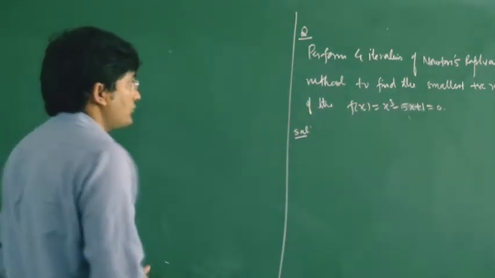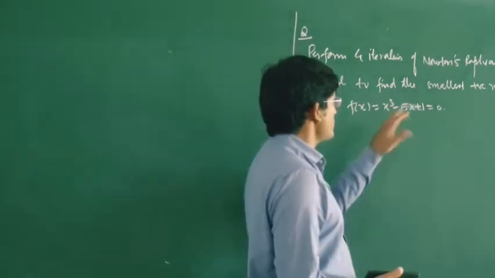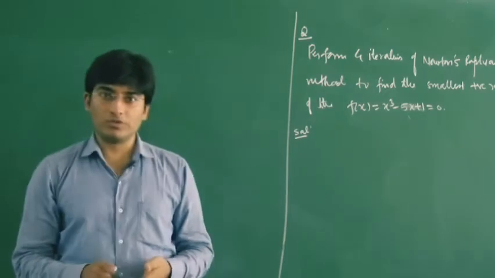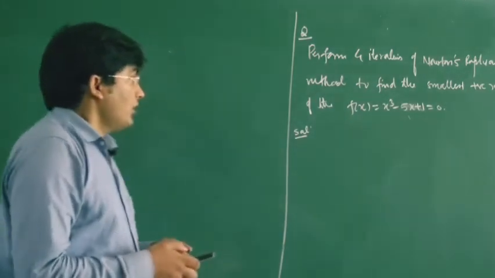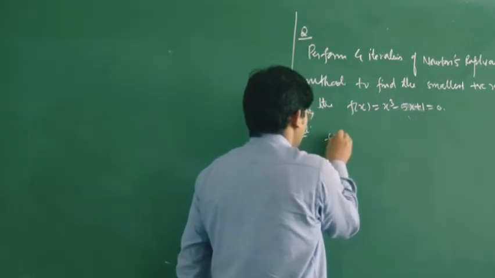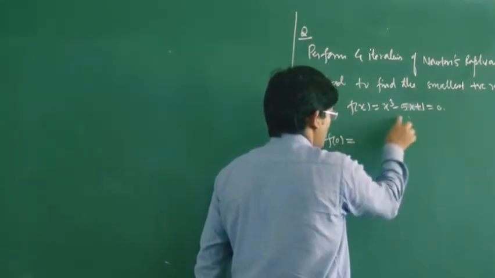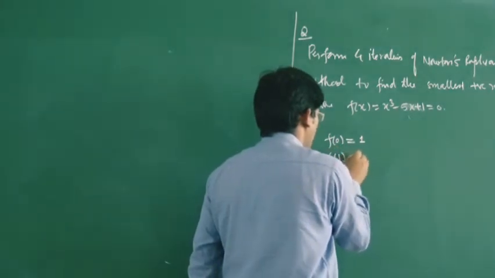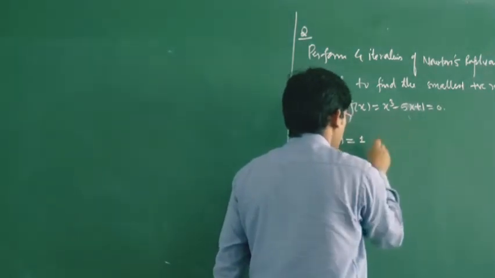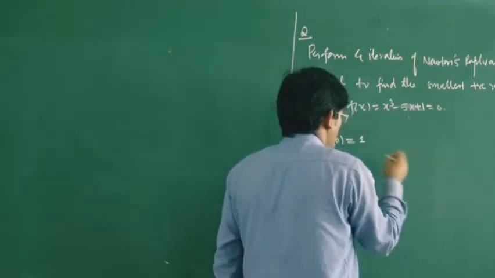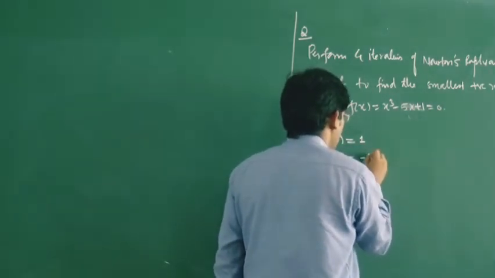Here we have to perform four iterations of Newton Raphson method to find the smallest positive root of this equation. Now let us put x equal to 0. At x equal to 0 the value of the function is 1. At x equal to 1 this will be 1 minus 5 plus 1, so 2 minus 5, that means minus 3.